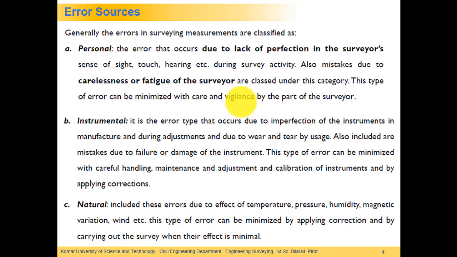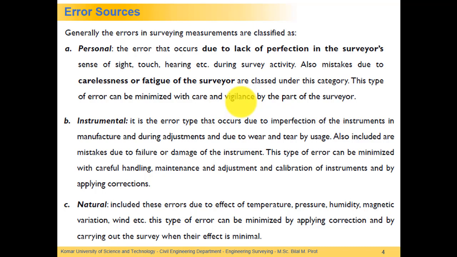So the error is very gross, and in some cases it is because of the fatigue or carelessness of the surveyor. So this type of error is called personal errors, and this type of errors can be minimized by taking more care and vigilance on the part of the surveyor.